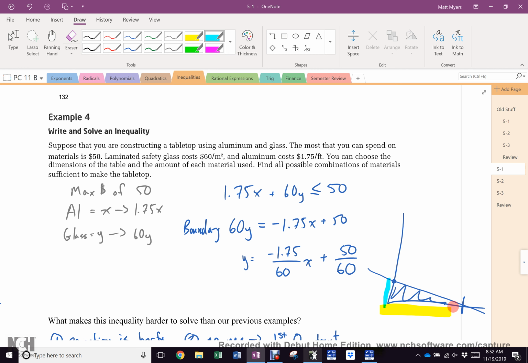Because an equality, we only have set choices, don't we? But an inequality, we have a group of numbers that could work. Like the records, right? I could buy 0, 1, 2, or 3 albums, my range, or I could buy 1 to 15 songs. And any combination between 0 and 15 and 0 and 3 worked.